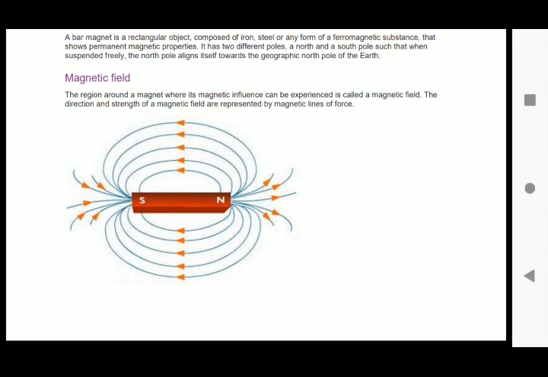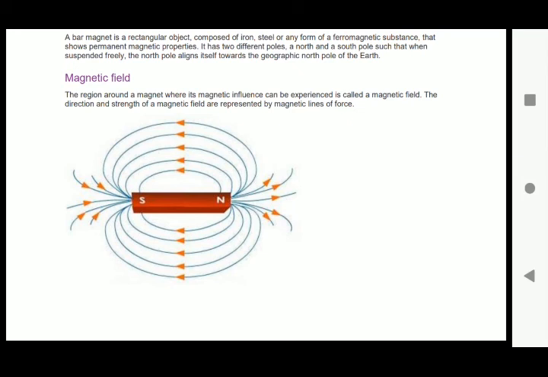Remember, the direction outside the magnet is from north pole to south pole, and inside the magnet it is from south pole to north pole. They are closed curves.